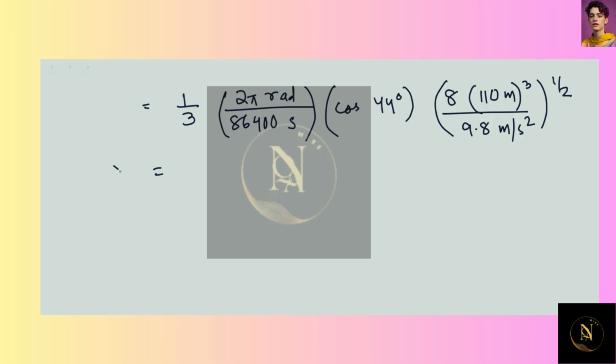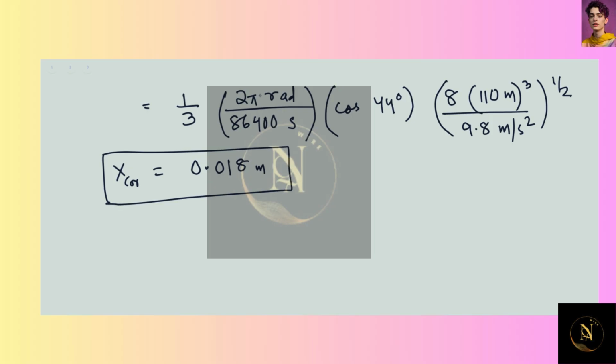And we solve this and we get the Coriolis deflection to be 0.018 meter. Therefore, the ball is deflected by about 2 cm in falling 110 meters.